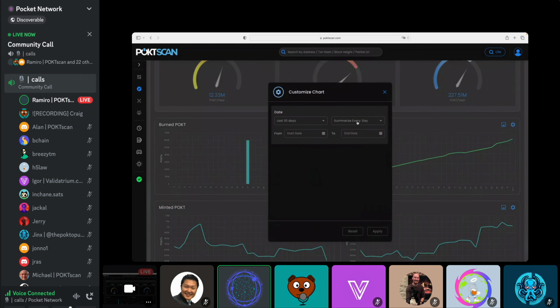For example, we choose to summarize from a date range, and we go back until, I don't know, here, August 2021 to the current date here.